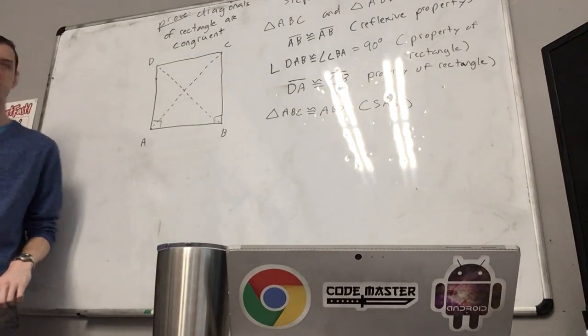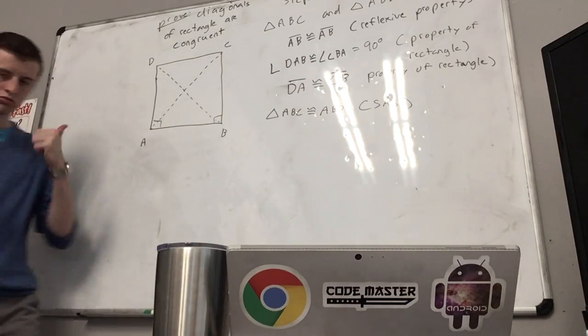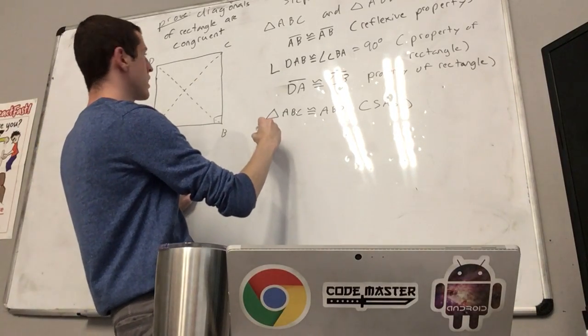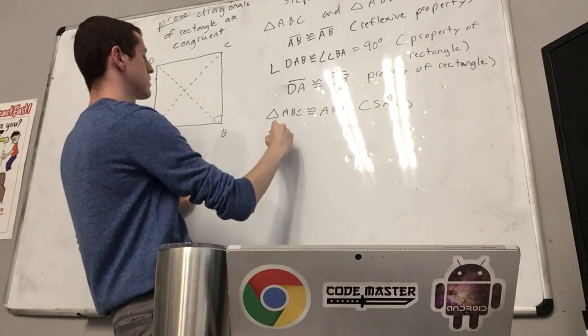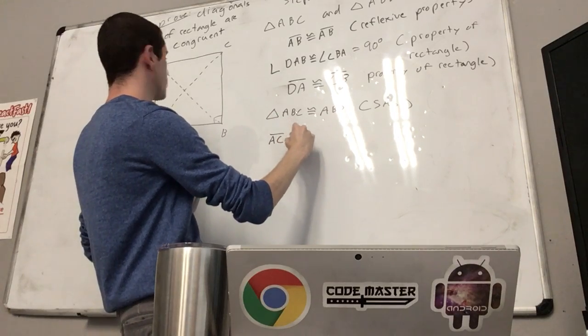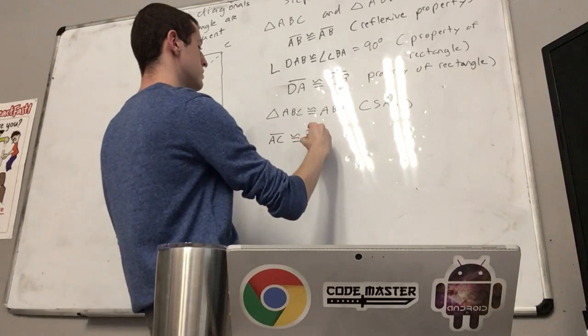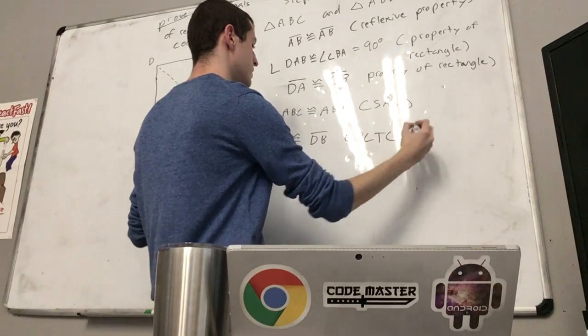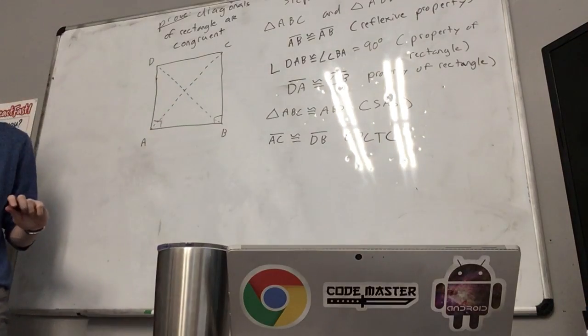Okay. And if you use CPCTC, I like it. Then we can say AC is congruent to DB. CPCTC. You get that? Makes sense?